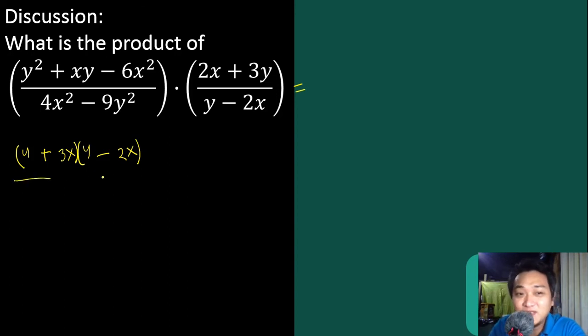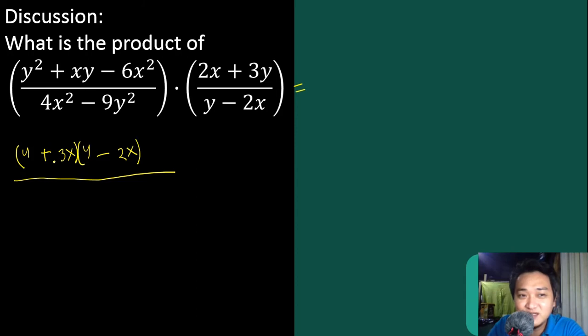Now, huwag tayo maging kampante. Kailangan i-double check natin kung tama yung factors natin. Ano po? So, y times y is y squared. Yung mga last terms, the positive 3x times negative 2x is negative 6x squared. Tama. How about the inside term? So we will be employing now FOIL method in checking. Although we are using trial and error method, we still have the obligation to check and double check if the factors are correct.